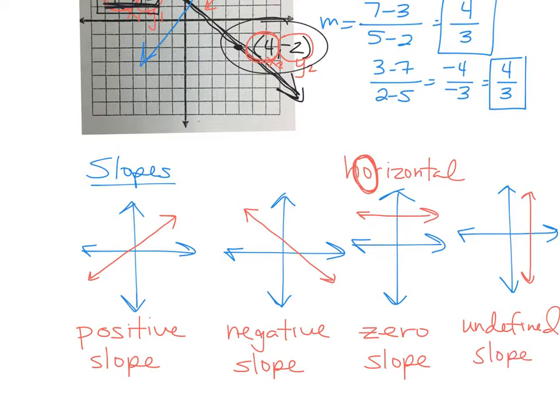Okay, and if you think about the word vertical, a V and a U, those are very similar letters, so maybe that will help you identify it. So positive, negative, 0, and undefined, those are some of the slopes that you're going to see on a regular basis. Any questions on what those are?